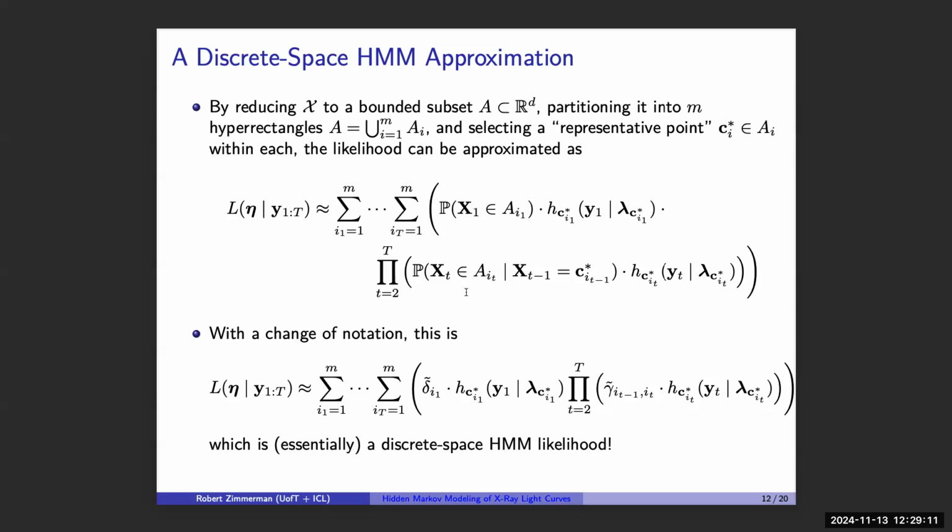And if we change the notation, tweaking things a tiny little bit, we get this approximation. You might recall that this is exactly the form of the discrete space HMM likelihood from before. And you'll recall that we can compute it efficiently using the forward algorithm and all those nice HMM tools.